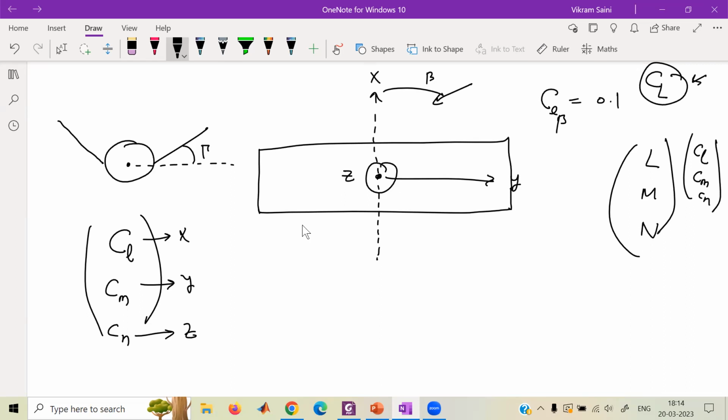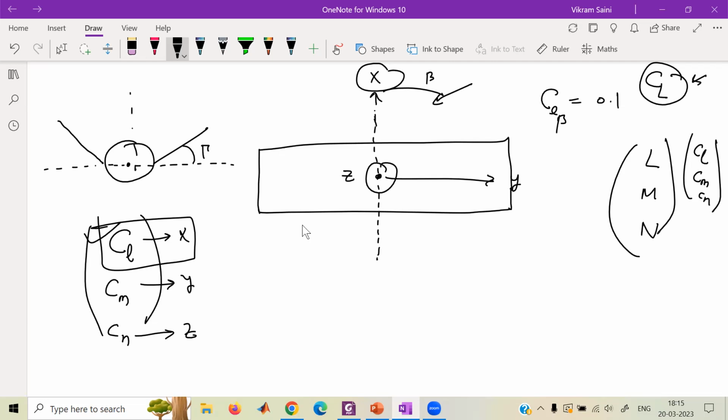Okay, so CL is the moment coefficient about the x-axis, which means the aircraft is going to roll about the x-axis. So that's why we are saying that we want to provide it roll stability. If the aircraft rolls for some reason, it should have the ability to restore its roll angle.